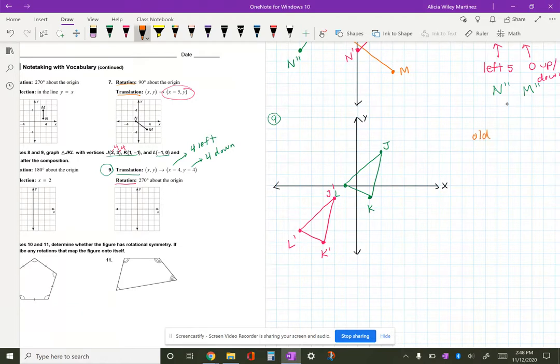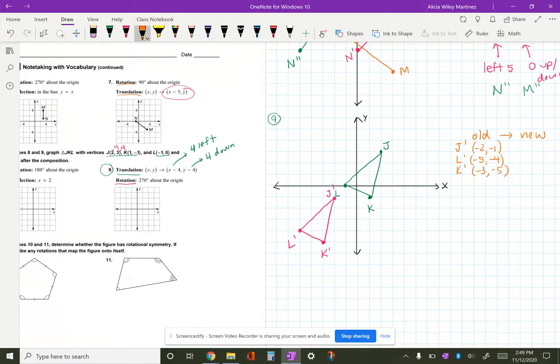So we have our old points versus our new points. I have J prime, L prime, and K prime. J prime is (-2, -1). L prime is (-5, -4). And K prime is (-3, -5).